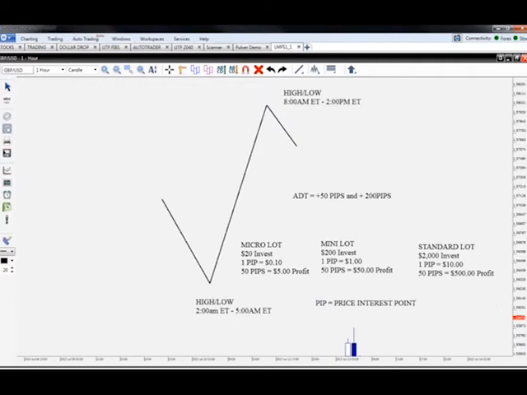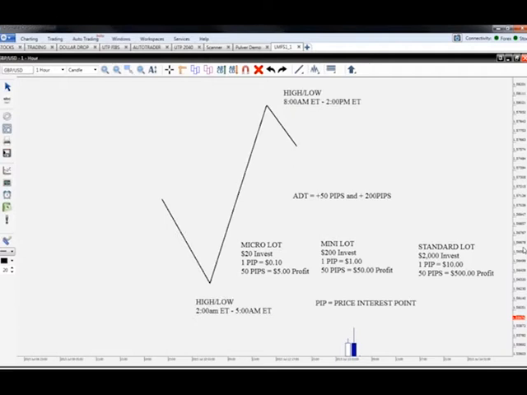A penny is represented by the second decimal point in a number. A pip is represented by the fourth decimal point, and it represents 1/100th of a penny. So if you're looking for a unit of measure smaller than a penny, it would be the equivalent to a pip. And just as there are 100 pennies in a US dollar, there are 100 pips in a penny.